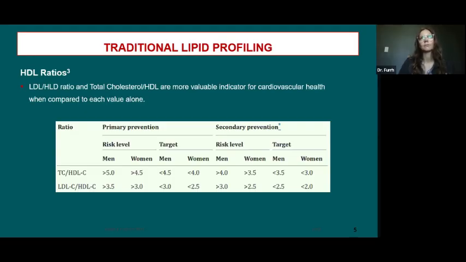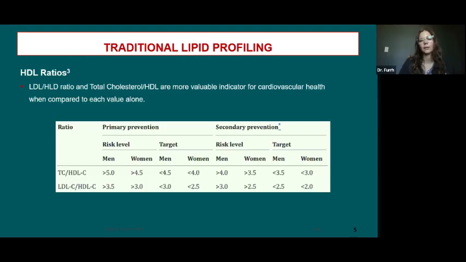So you will likely see on your lab work a fraction, either the total cholesterol divided by HDL or the LDL divided by HDL. That's just a simple calculation that allows you to estimate how much reverse transport of cholesterol is happening in the body compared to lipid deposition.